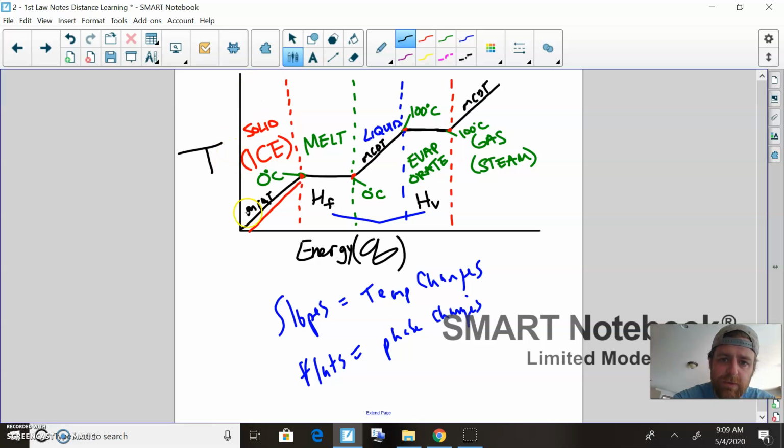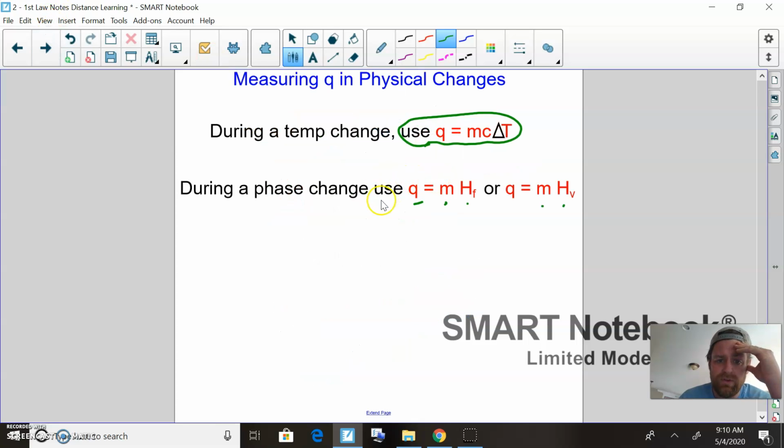Here on the flats, we're going to use the heat of fusion, so the mass times the heat of fusion, because it takes energy to melt ice. And the same thing here, we're going to use the heat of vaporization, m times Hv. So on the flats we'll use that. That's basically the gist. During a phase change, use these. During a temperature change, use those.